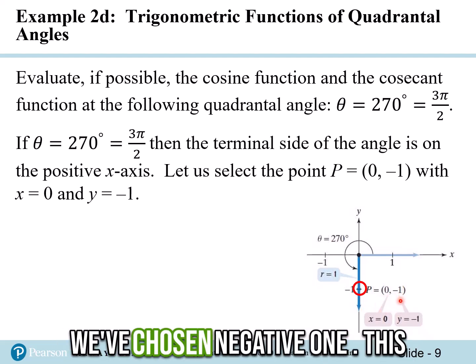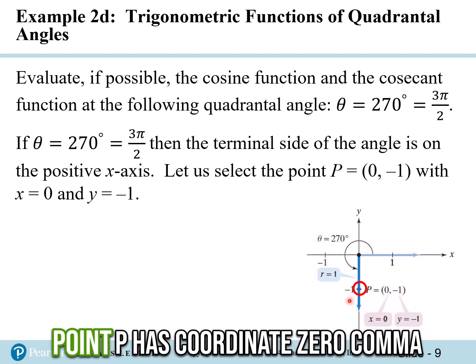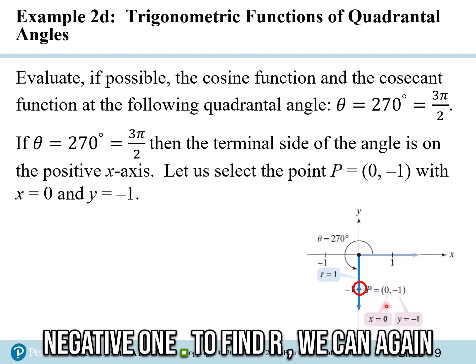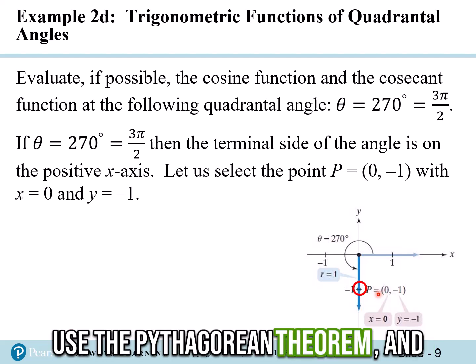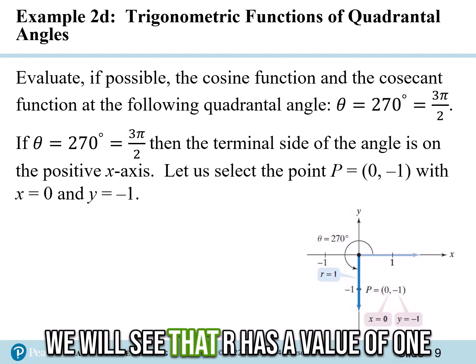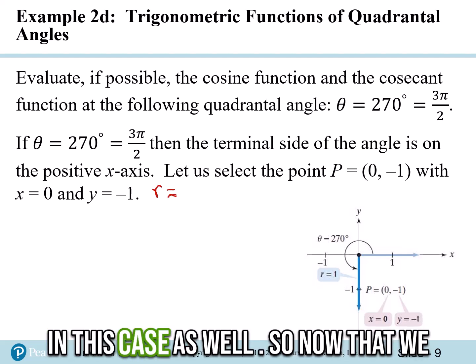So we've chosen -1. This point P has coordinates 0, -1. To find r, we can again use the Pythagorean theorem and we will see that r has a value of 1 in this case as well.